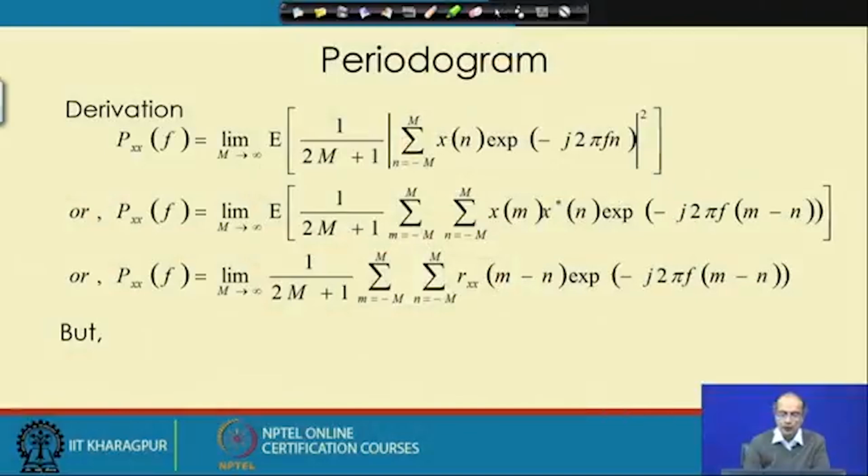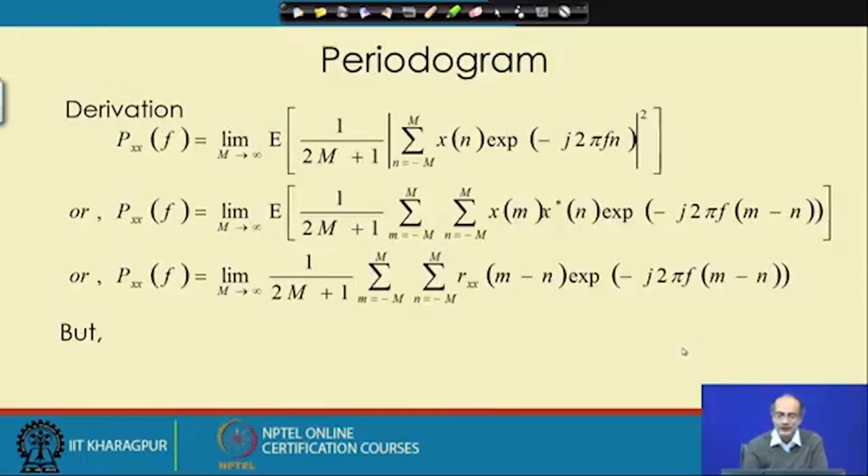Now, what we find that when we try to simplify them, we have ended up with double summation, which does not make it that simple, and it in fact is longer than the initial expression.